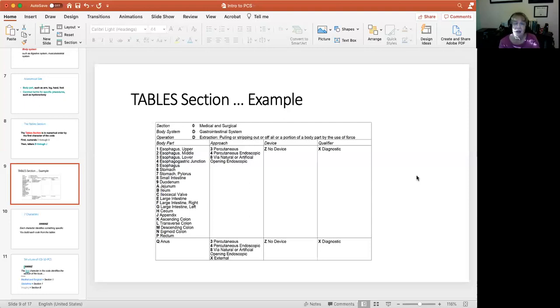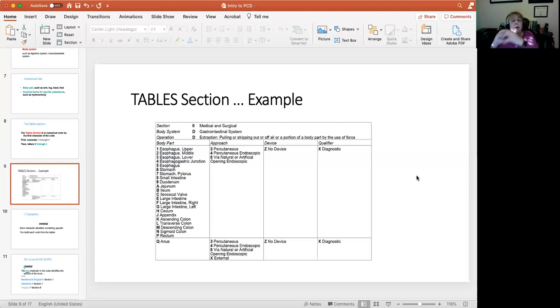In this case, it's telling you that the only way an extraction can be performed in any one of these body parts is for the purpose of a diagnosis. The extraction would not be used for a therapeutic purpose.